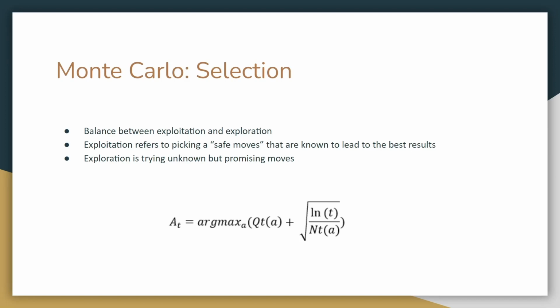All right, so the selection phase of the Monte Carlo has a balance going on to make its decisions. It has an exploitation side and an exploration side, and it balances between these to try to make the best decision.